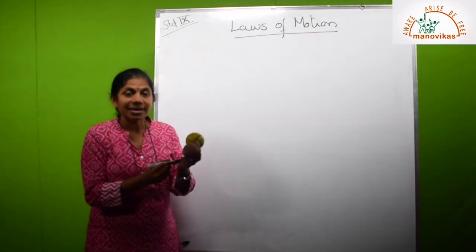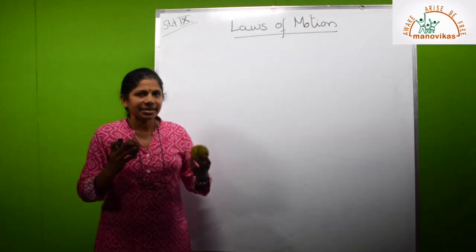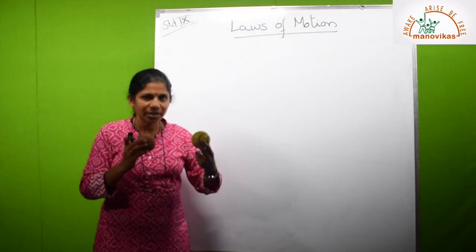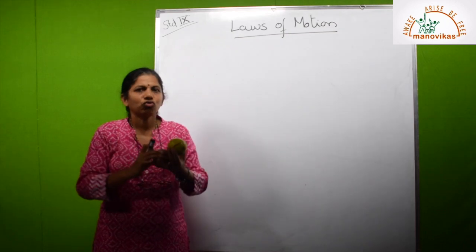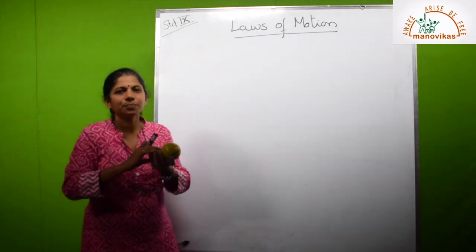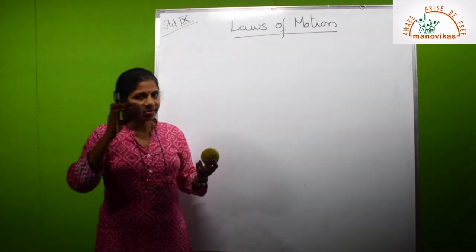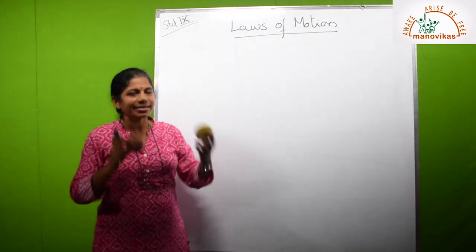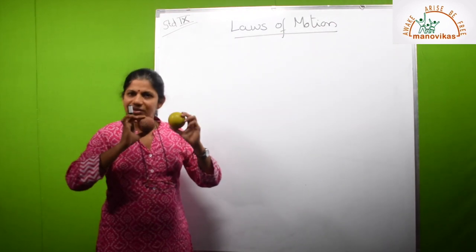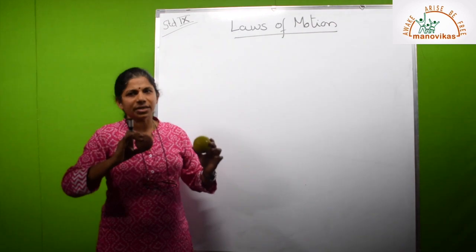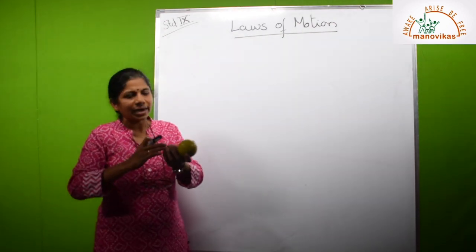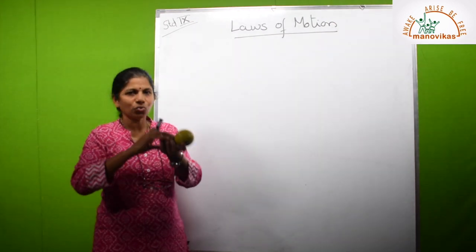In the first case, one is a heavier object and one is a lighter object, and the velocity is the same. To stop both the balls, you need more force when the mass is more. Whereas in the second case, the mass is the same but the velocities with which they are traveling are different. The ball with the higher velocity needs more force to stop.